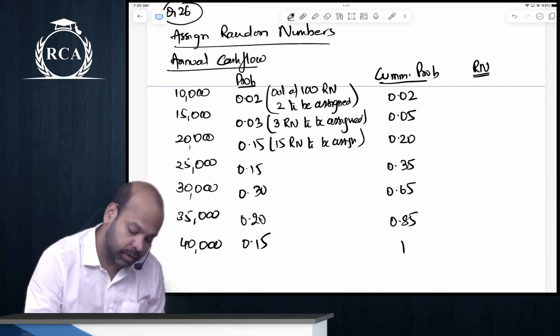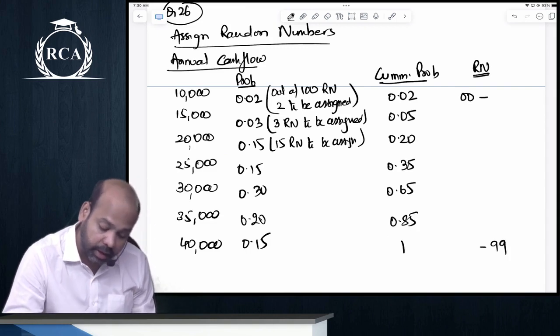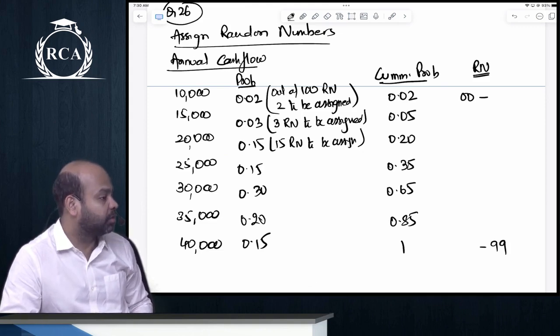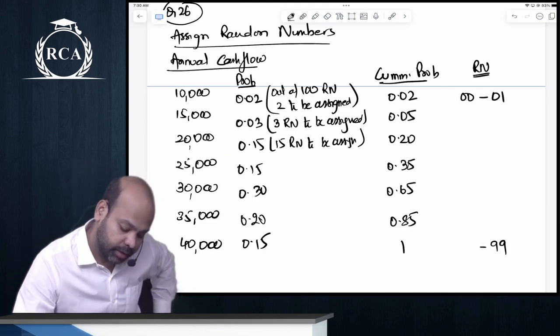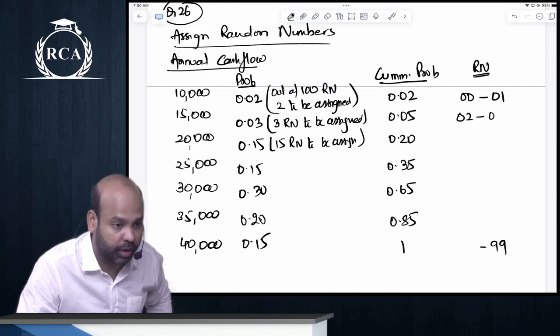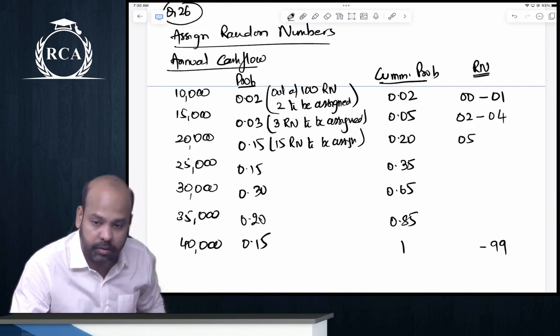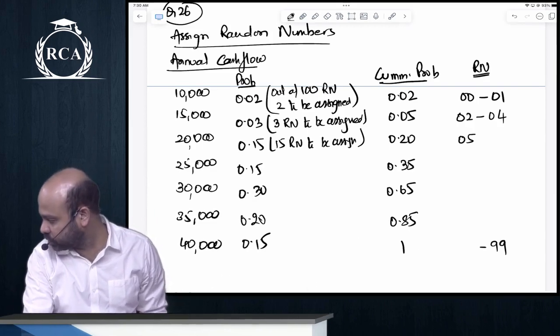Now random numbers. You know that you'll have to start with 00 and end with 99. First वाले को because there are only 2 random numbers to be assigned बेटा क्या लिखोगे 00 and 01. Next वाले का you have to assign 3 random numbers starting with 02. So you will end at 04. करो बेटा एक बार assign random numbers.